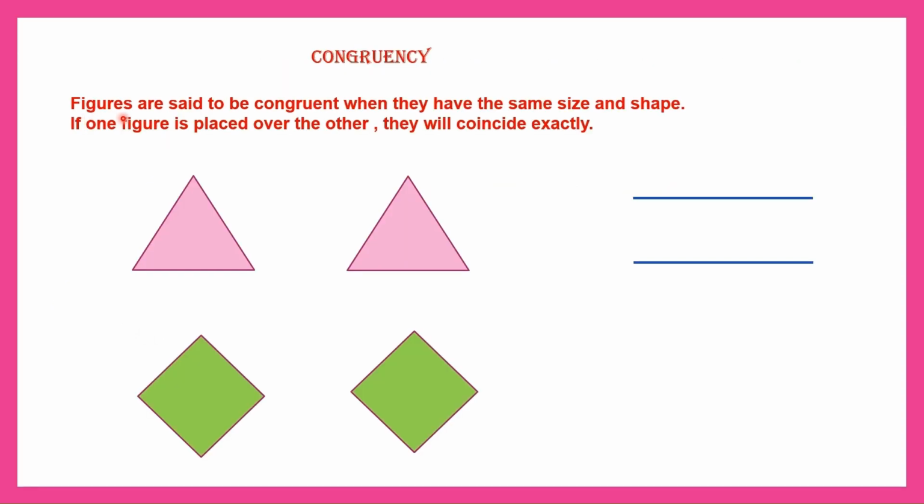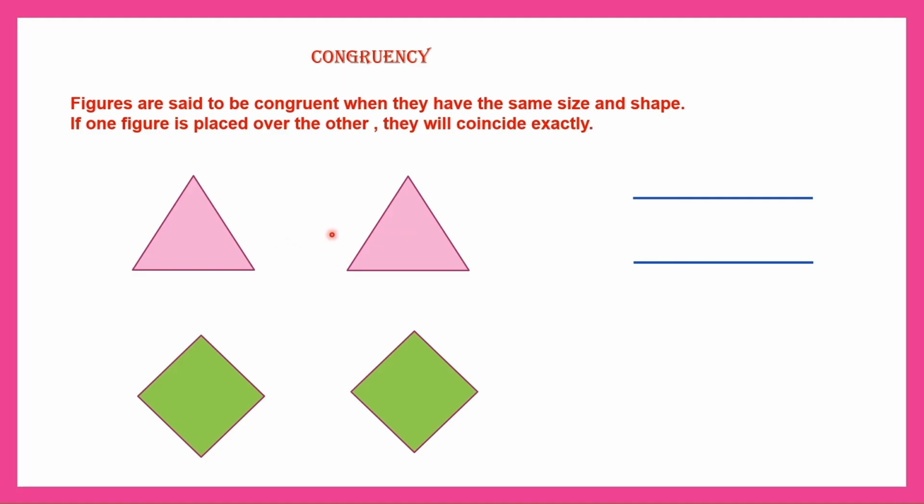Now figures are said to be congruent when they have the same size and shape, and if one figure is placed over the other, they will coincide exactly. So they should have the same size and shape, and when they're placed one on top of the other, they must coincide exactly. Now let's see what we mean.